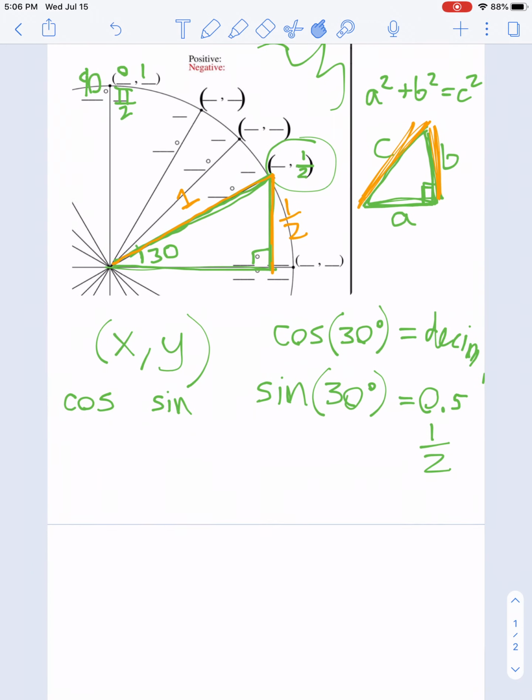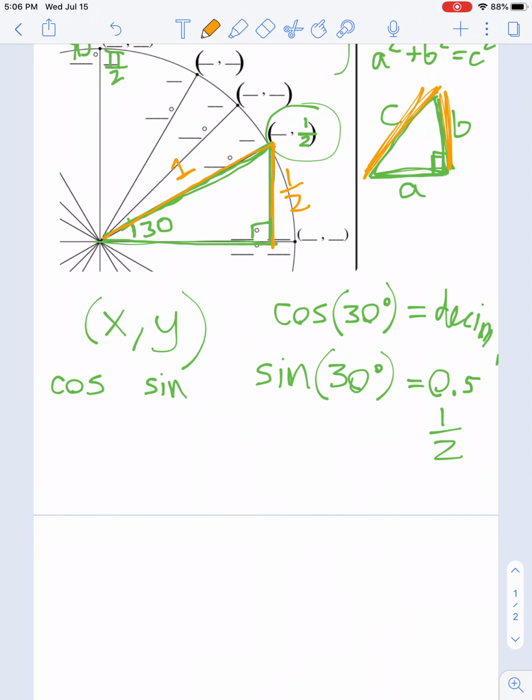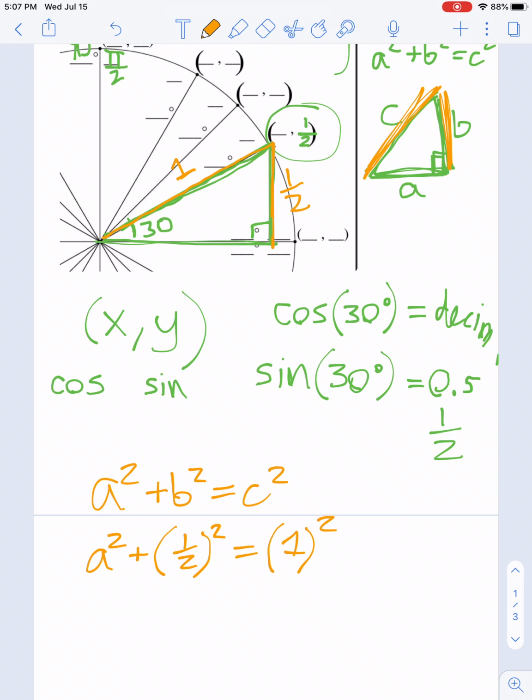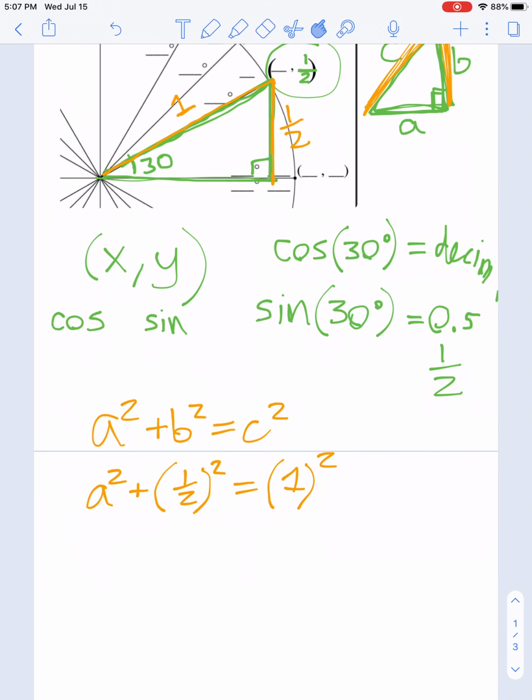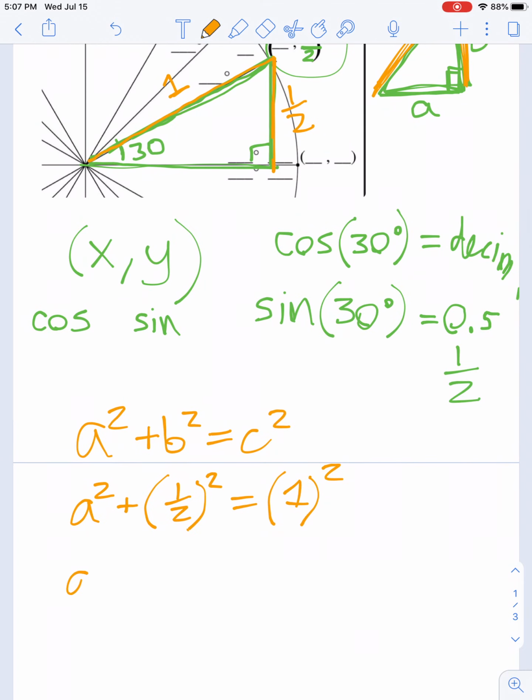So I'm going to go ahead and do that. Let me create some room down here. The Pythagorean theorem says A squared plus B squared equals C squared. I'm trying to find A squared, so A squared plus, in parentheses, 1/2 squared is equal to 1 squared.